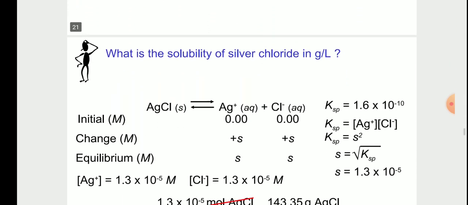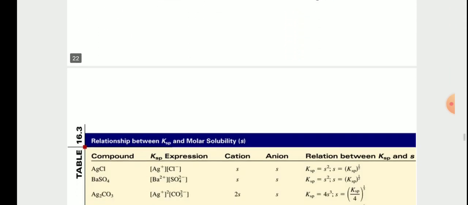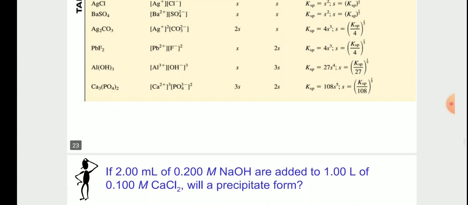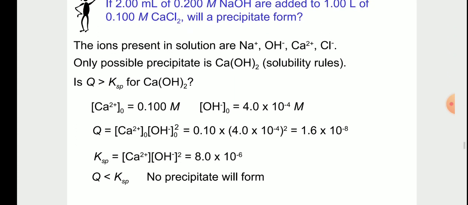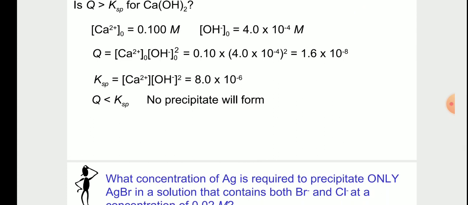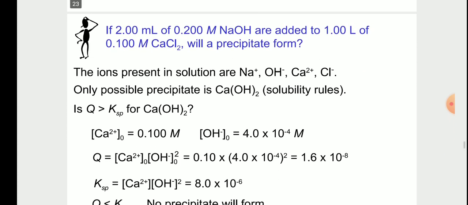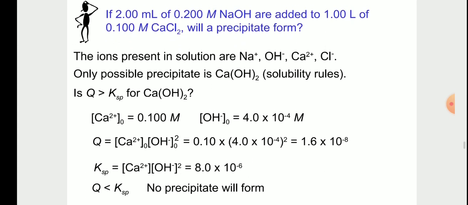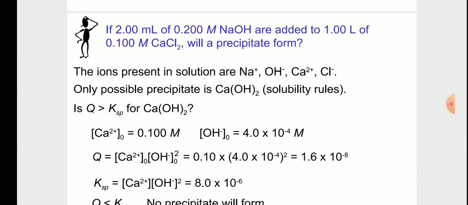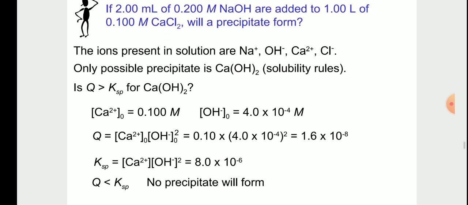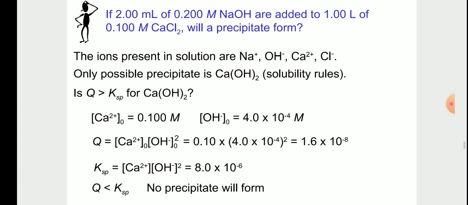So here, if you look at the next example, we are considering CaCl2 and NaOH. When we add NaOH to the CaCl2 solution, at a particular time it will precipitate.